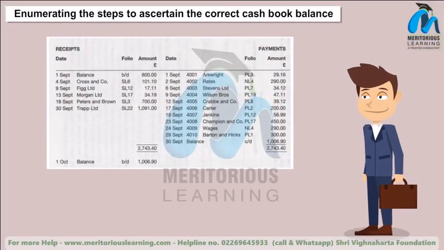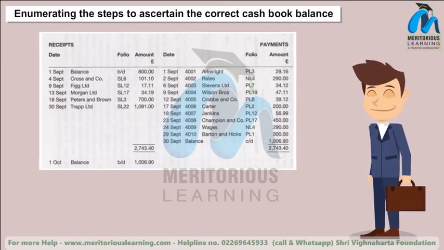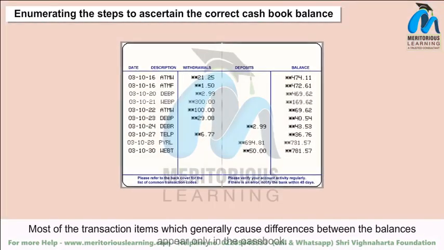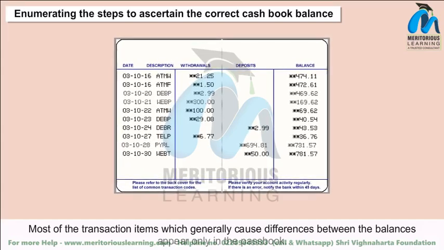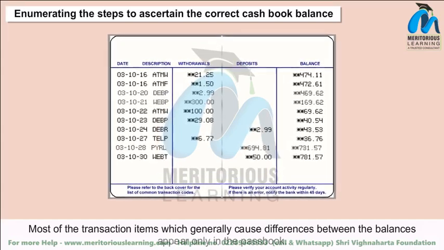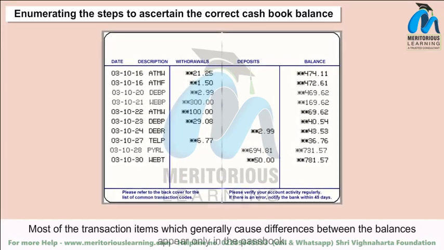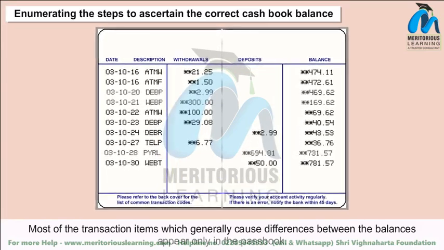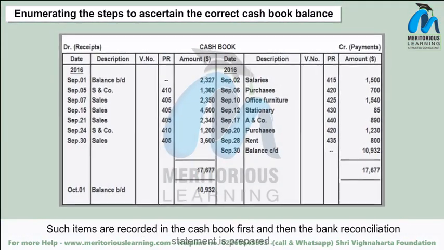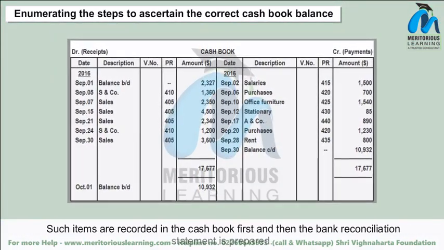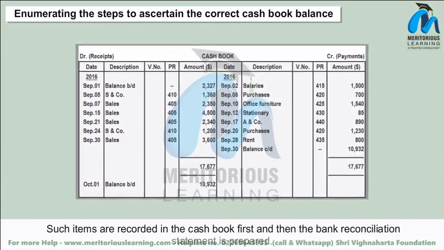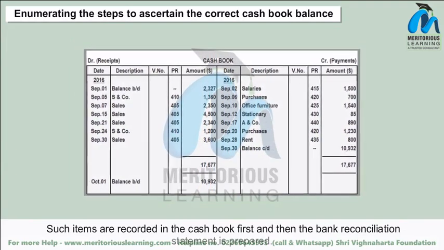Enumerating the steps to ascertain the correct cash book balance. Most of the transaction items which generally cause differences between the balances appear only in the passbook. Such items are recorded in the cash book first and then the bank reconciliation statement is prepared.